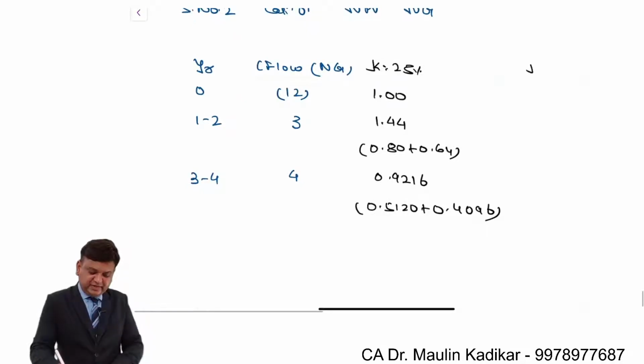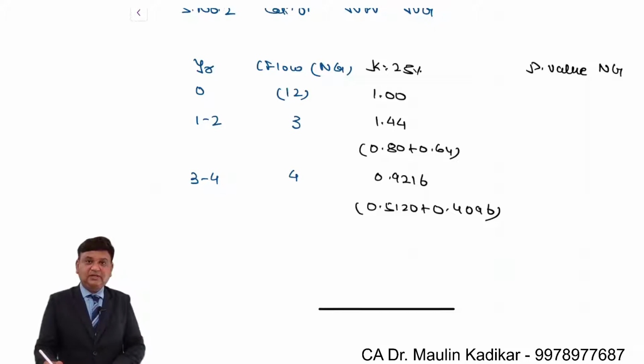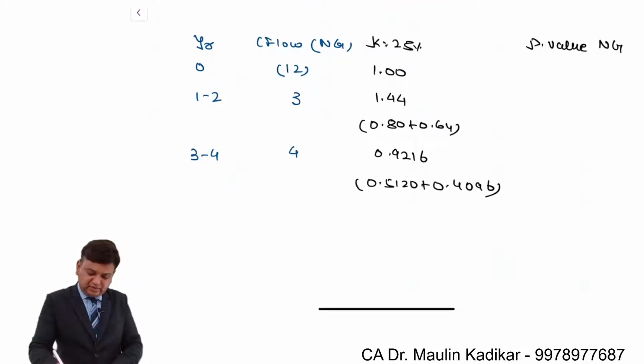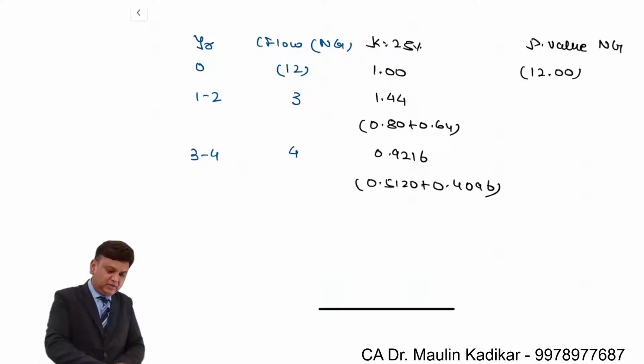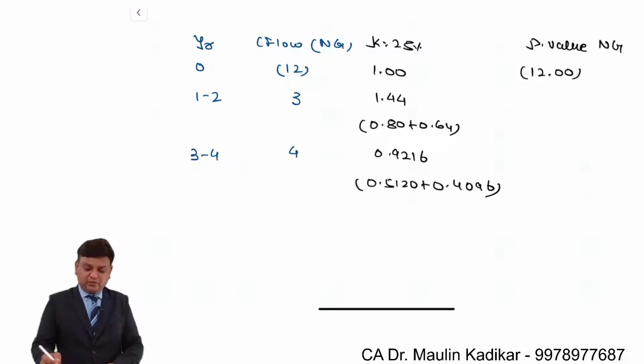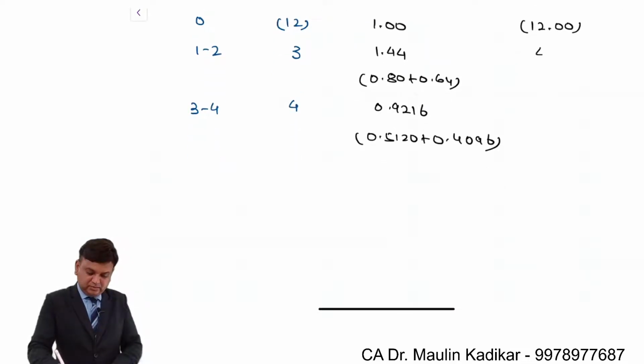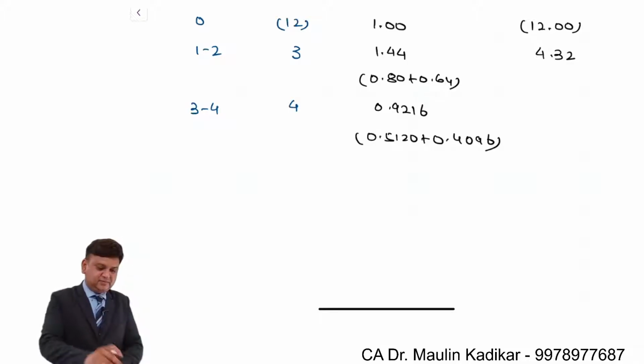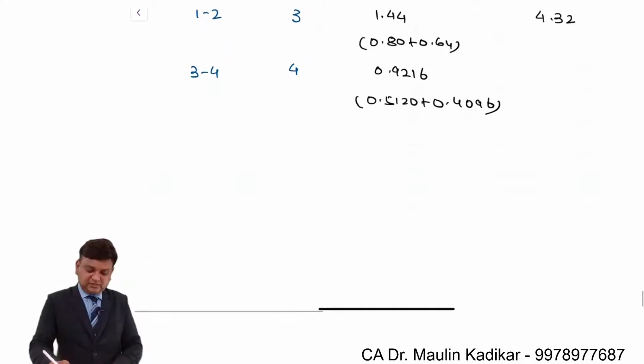This is the way we find the present value. And this present value is in Netherlands guilder currency term. So it is 12. 3 into 1.44, so 4.32. 4 into 0.9216, 3.6864.